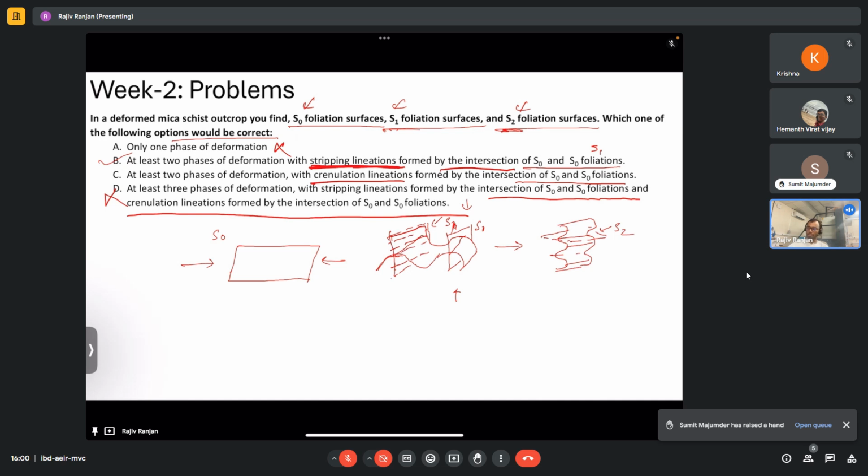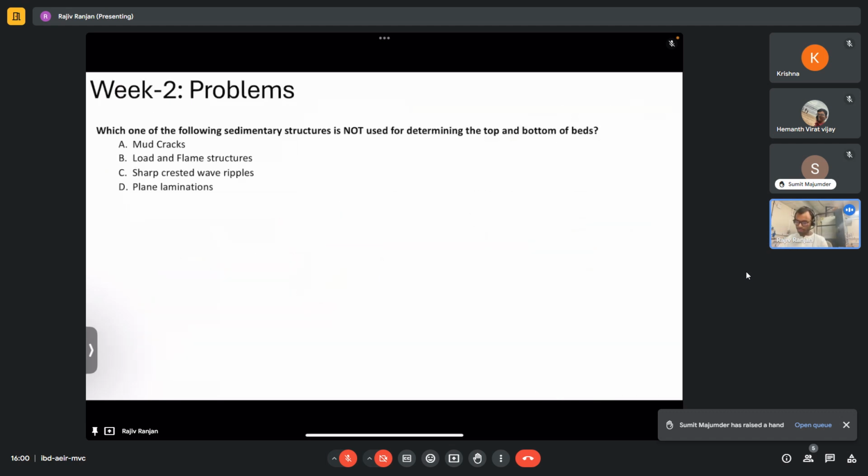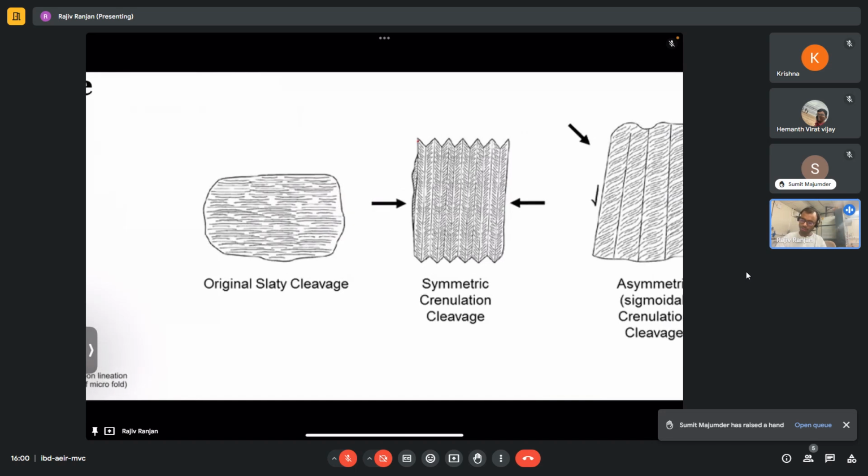Try to remember that we have learned that bedding is a sedimentary process of rock formation, while foliation is a metamorphic process. I have kept some slides here to help you understand what we were talking about. Here you can see, with further deformation, very minor folds.